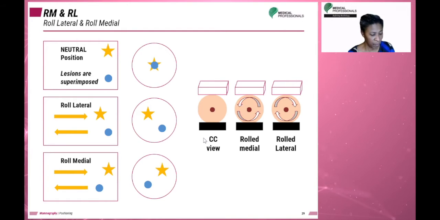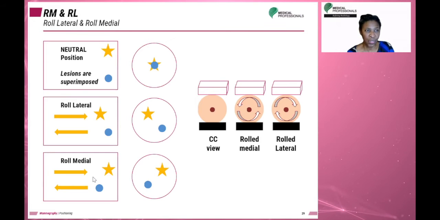For example, if you position CC and you rolled the upper surface of the breast lateral and the medial surface of the breast medial, then you have a lateral roll. And then the reverse is true. If you roll the upper surface of the breast medial and the lower surface of the breast lateral, then it's going to be a medial roll.